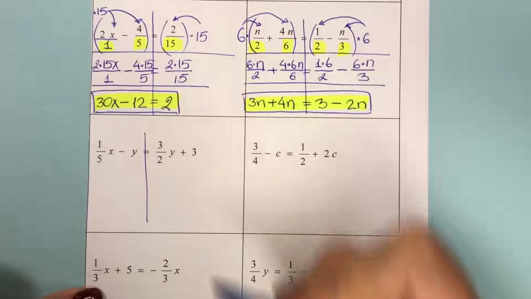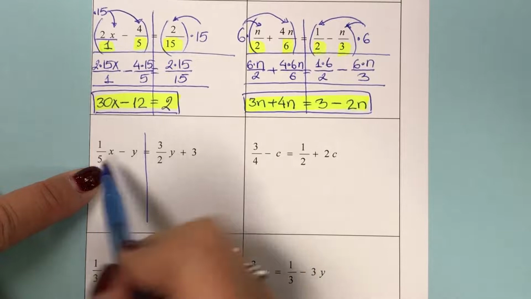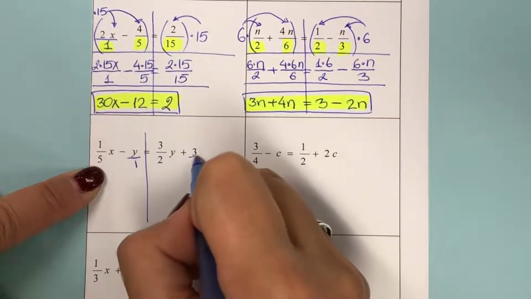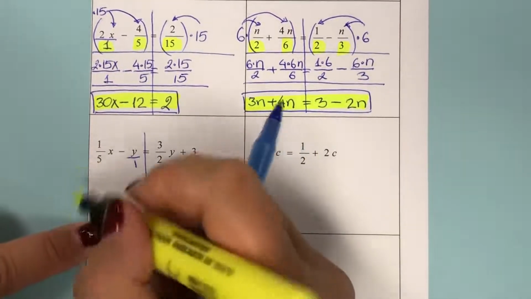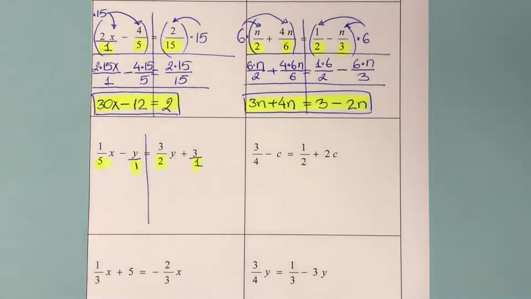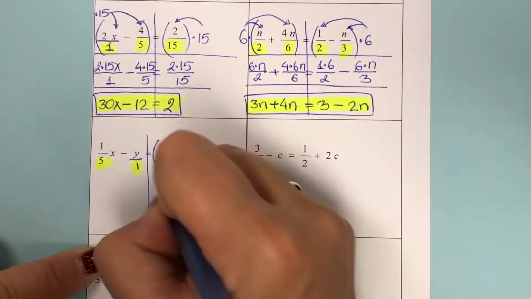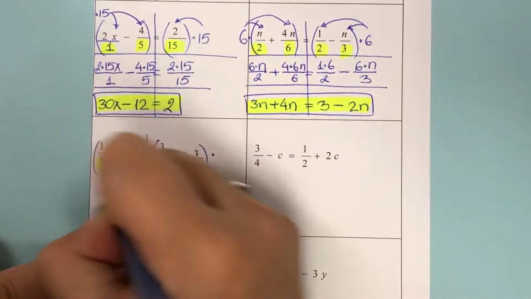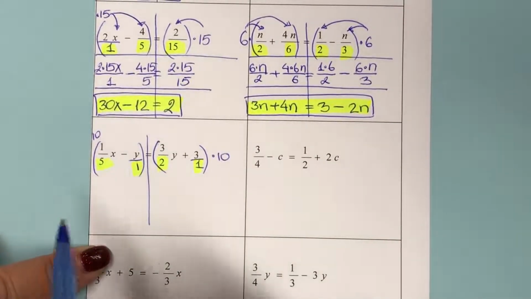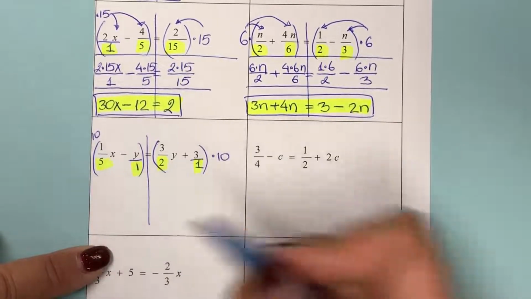Let's look at the next example. x over 5, y over 1, 3y over 2, and 3 over 1. First, we want to create an equation that has numerators and denominators. Then 5, 1, 2, and 1 have in common the number 10. They can all go into 10, or 10 can be divided by 5, and by 1, and by 2, and by 1.